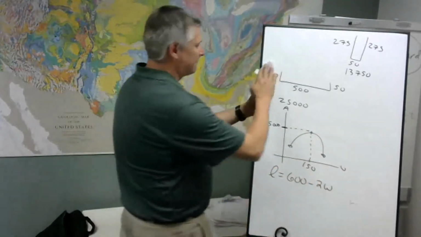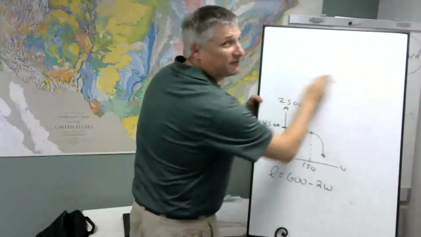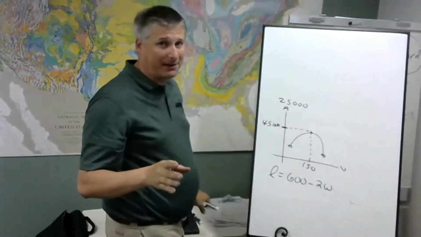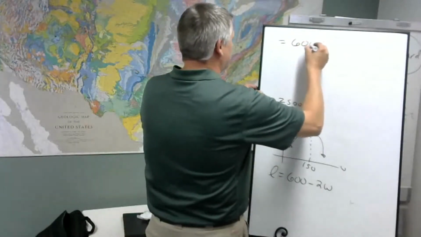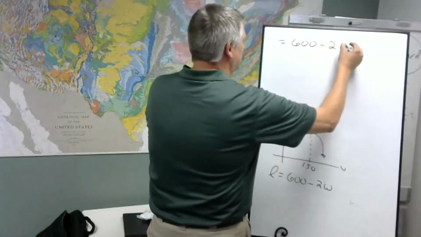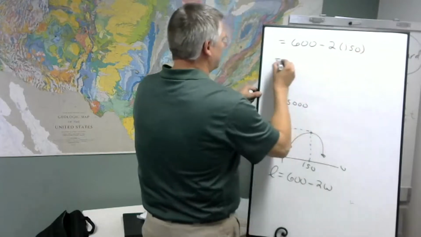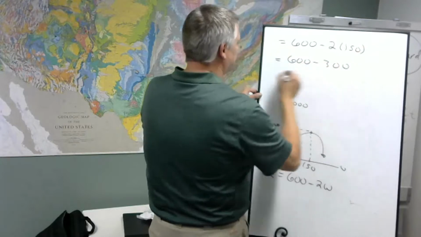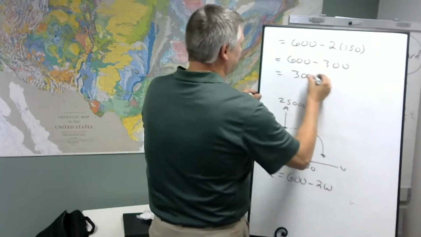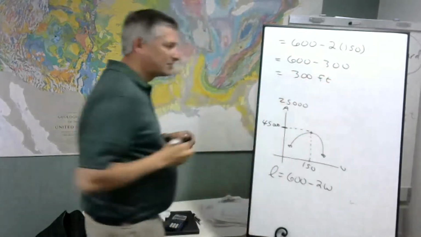So for us, since we know we want a W of 150 because that's what maximizes the area, 600 minus 2 times 150, or 600 minus 300, or 300 feet. That's going to be our length.